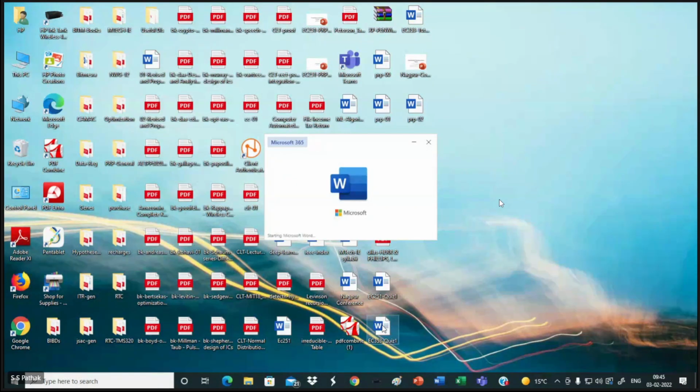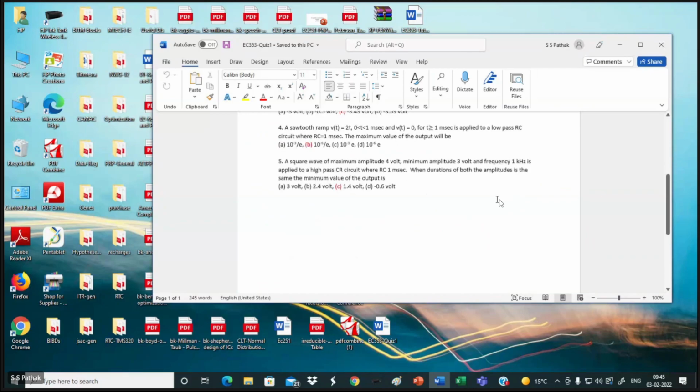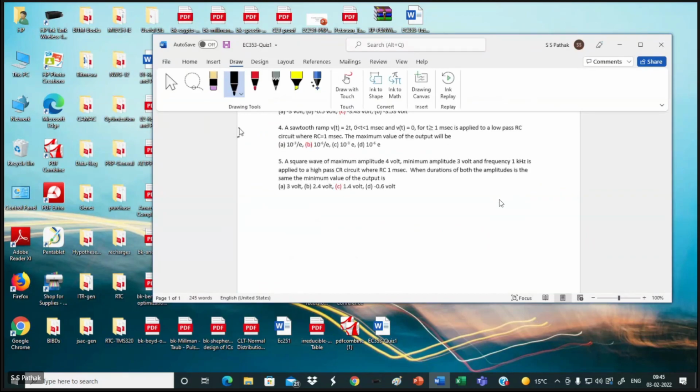Your question was 4 into 1 minus 1 by square root e, minus 1. This minus 1, we agree? So this is 4 into 1 minus 1 by 1.6, that is square root e, minus 1.